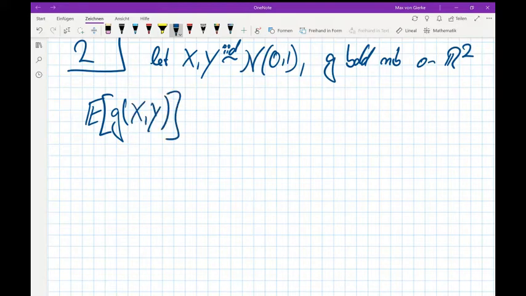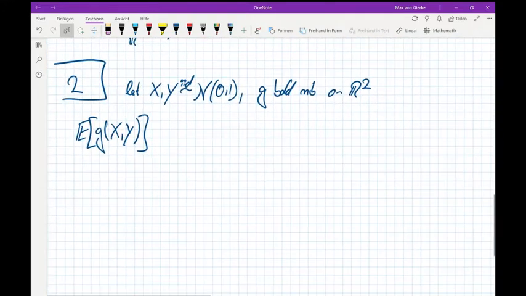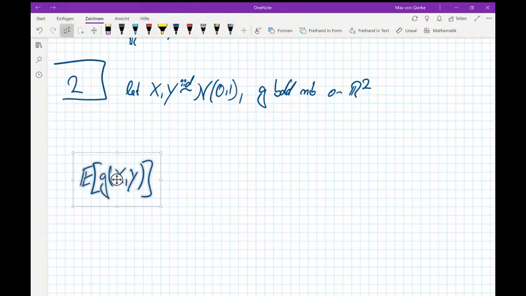If we show that the expectation is equal for every bounded measurable function, then we know it's equal in law. Okay, let me write this quickly up here.